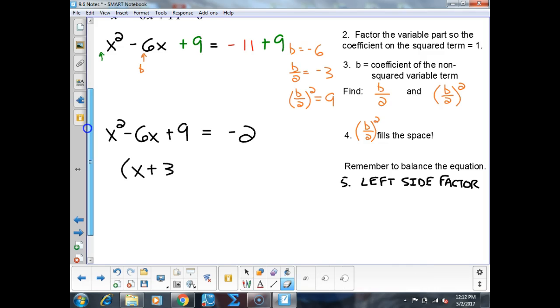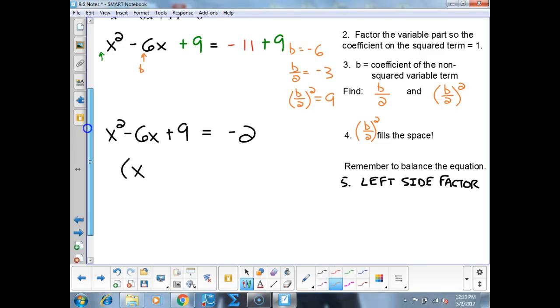Oops, sorry, that should be a minus. X minus 3 quantity squared. Or, if you think about it this way, it becomes x minus b over 2 quantity squared. Actually, we'll say plus or minus here, depending upon which one it is.